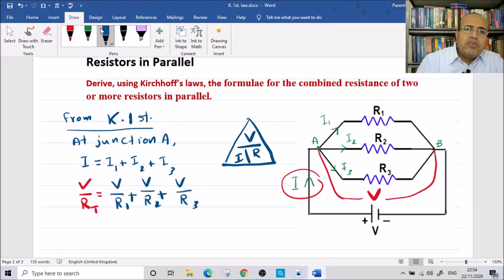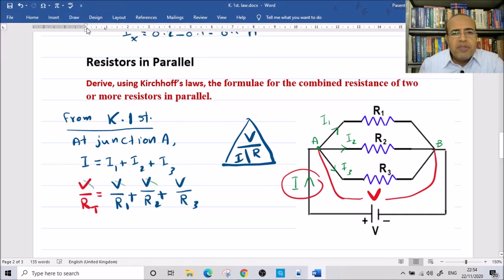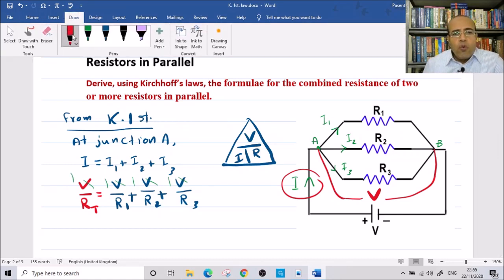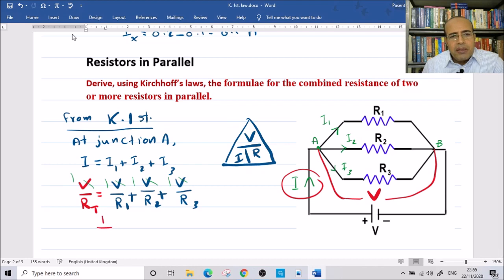The same voltage, because they are parallel, so we cancel V with V with V with V, but replace them by 1. So the formula at the end: 1 over R total equals 1 over R1 plus 1 over R2 plus 1 over R3.